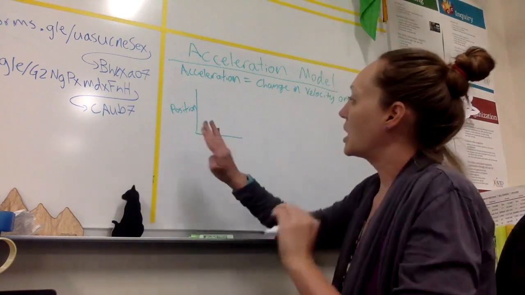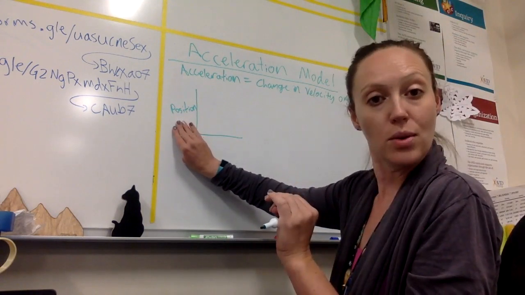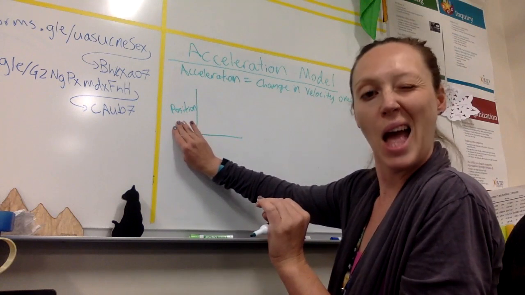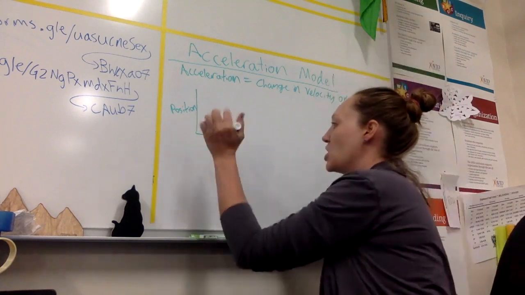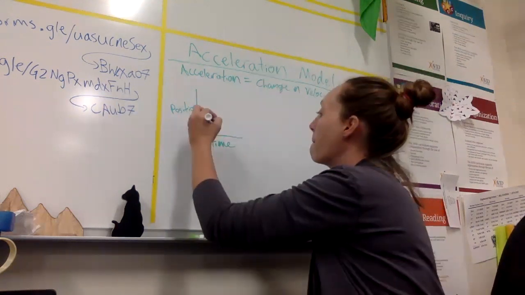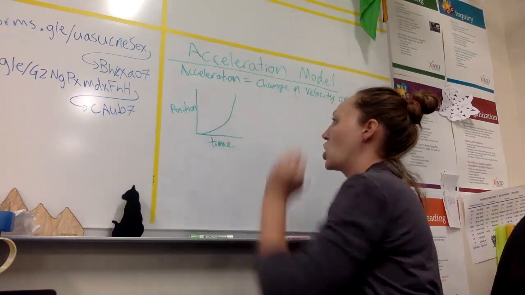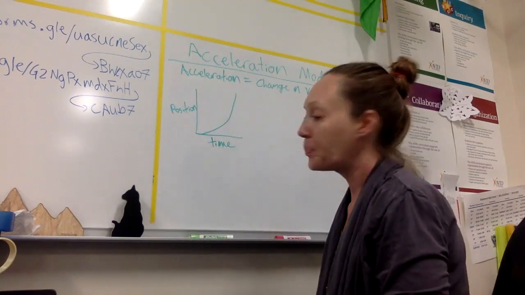I'm going to keep it position because I'm lazy and I want to reuse these notes for my general physics class. So we plotted position versus time and we did not see a straight line. We saw this curve up like that.